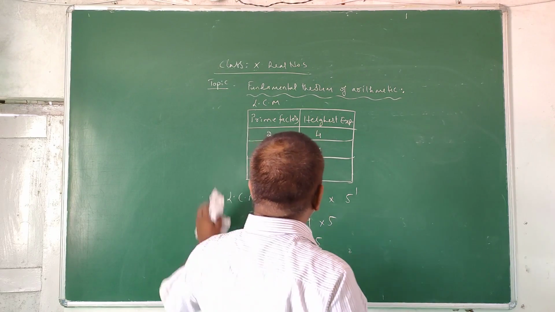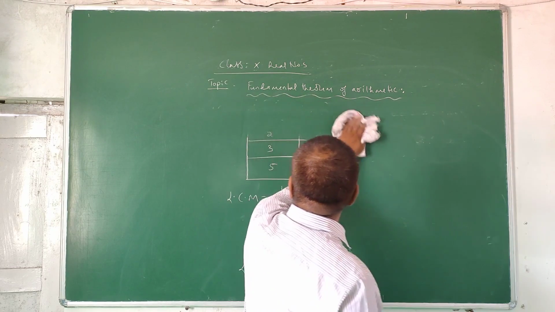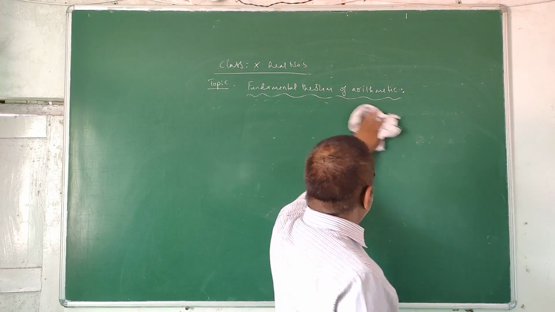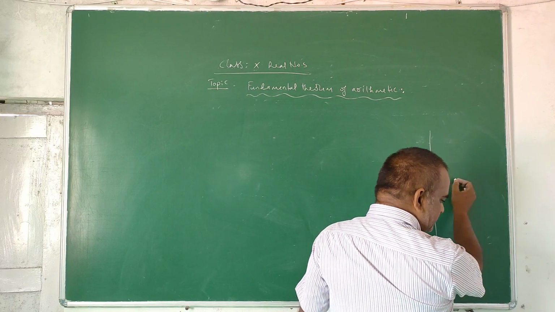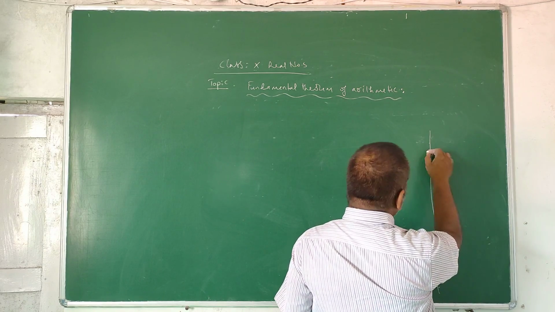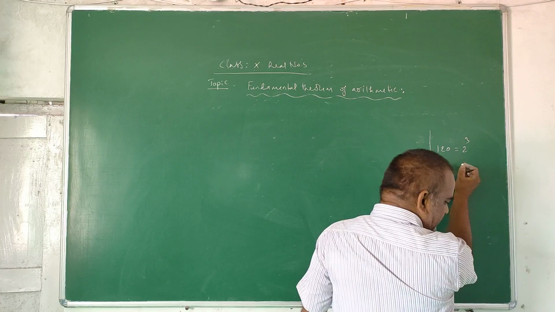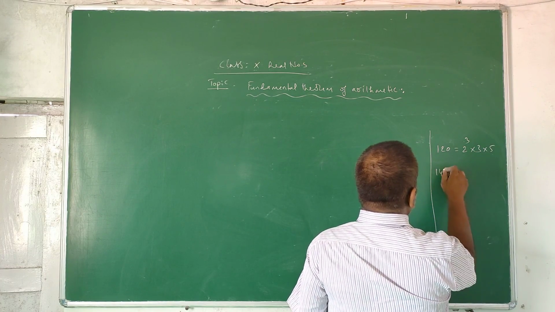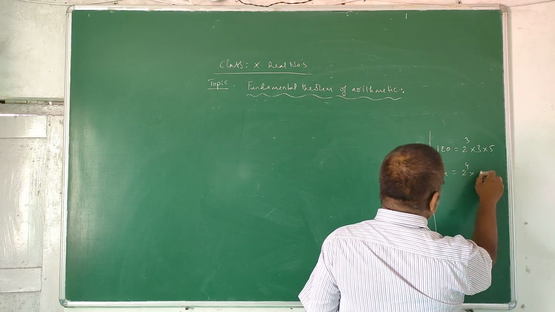So now, how to find HCF? Let us take those numbers which are 120 and 144, and 120 we got as 2 cube into 3 into 5, and 144 we got as 2 to the power of 4 into 3 to the power of 2.